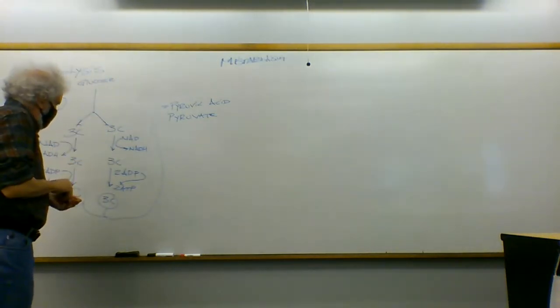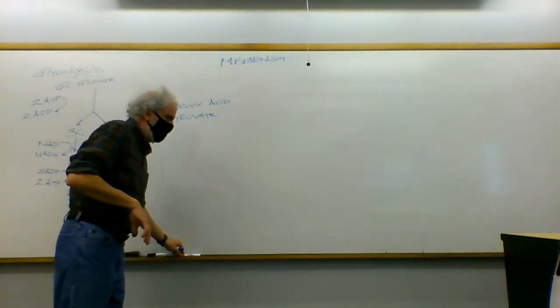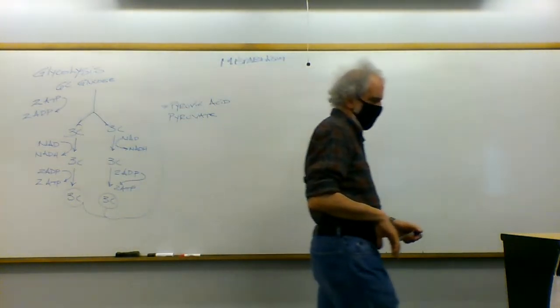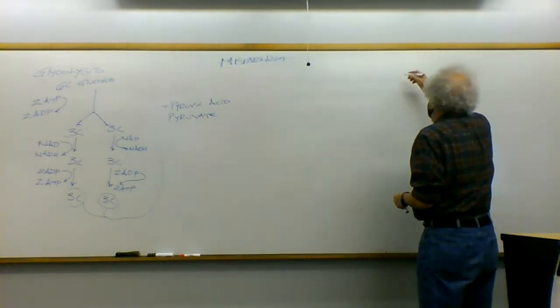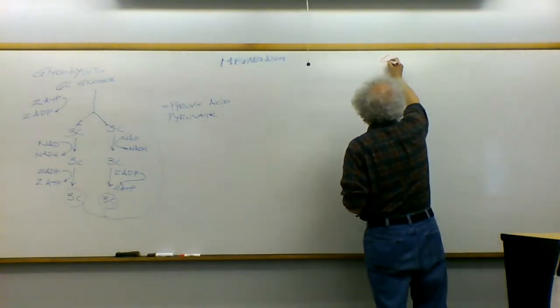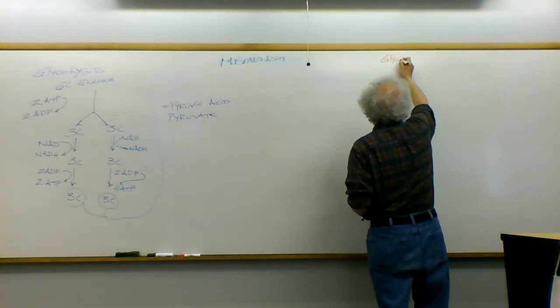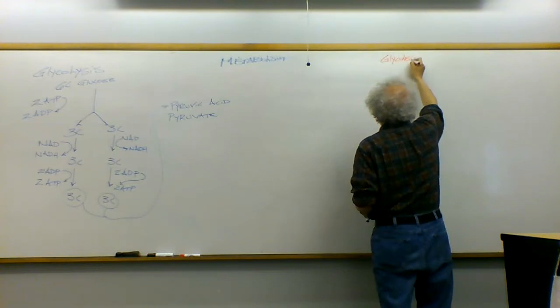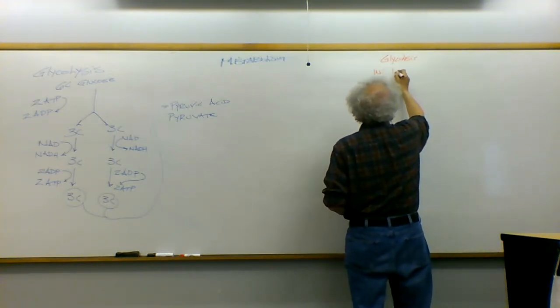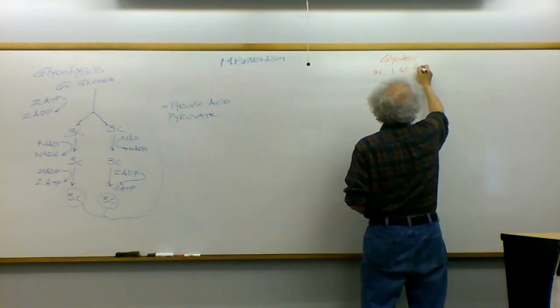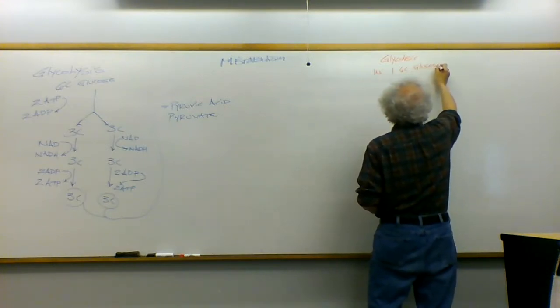All right, let's go to our tote board and think about what's going in and what's coming out. So, in glycolysis, what goes in is 1 6-carbon glucose.